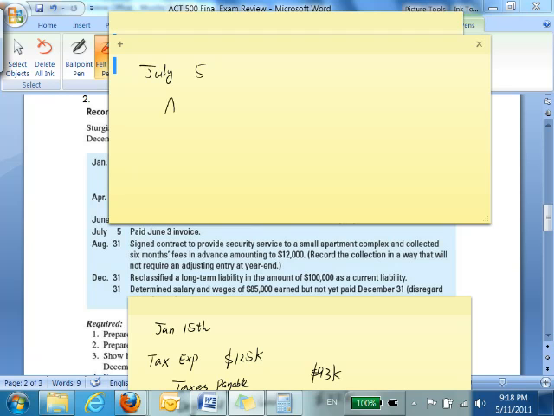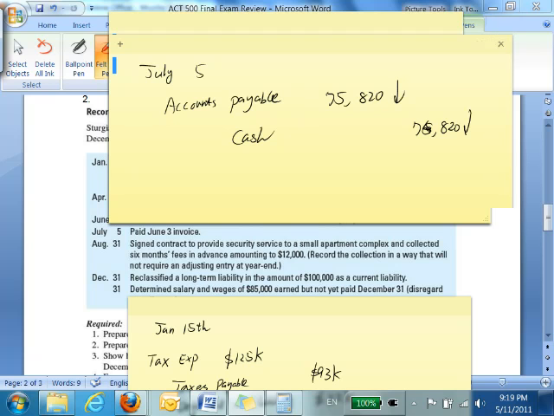They pay off the accounts payable, so the accounts payable balance is reduced. Liability reduced, we need to debit it, 75,820. And how do they pay? Use cash. Cash asset reduced, we credit it, 75,820. Both are reduced.